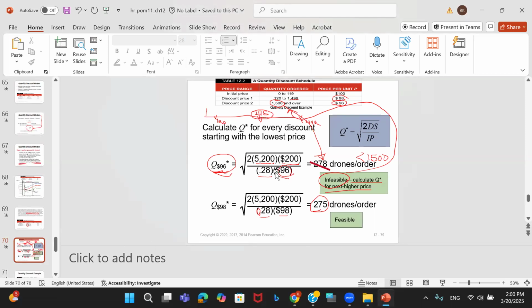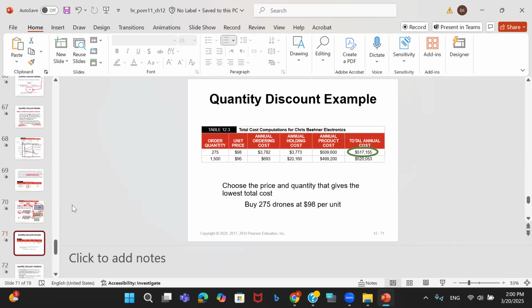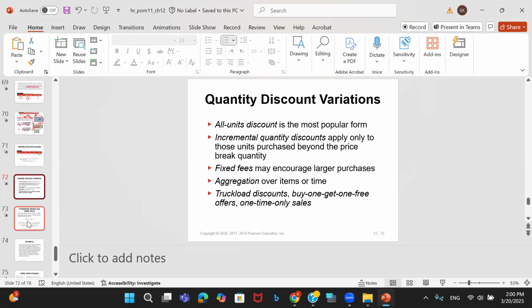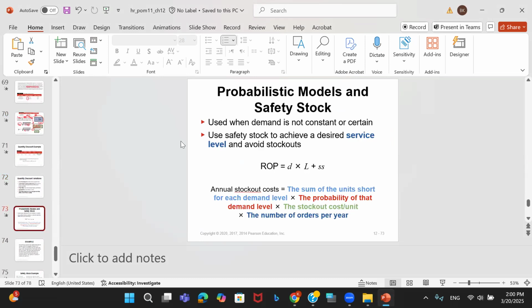Okay, this is how we decide which price works for us. This is another example: we start with the lowest price and then decide if it is feasible or not.